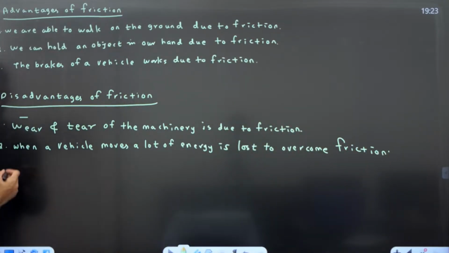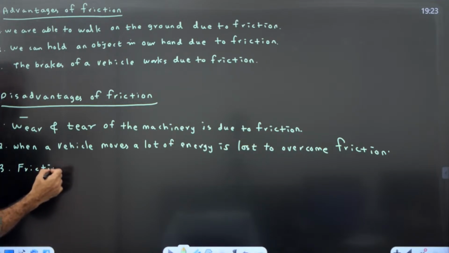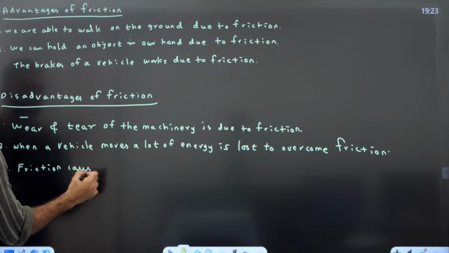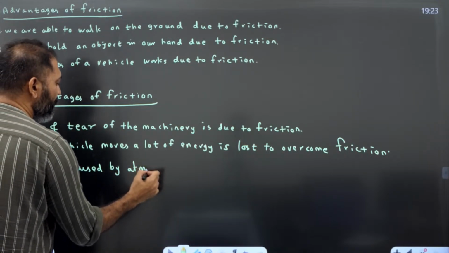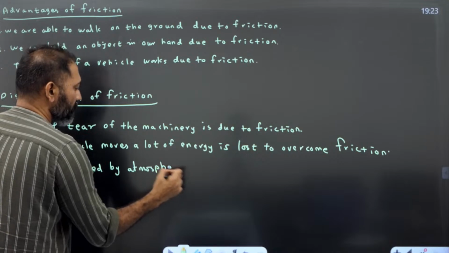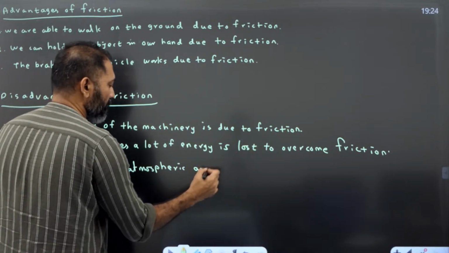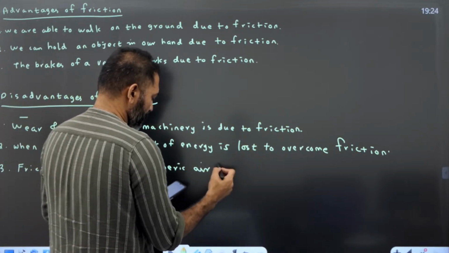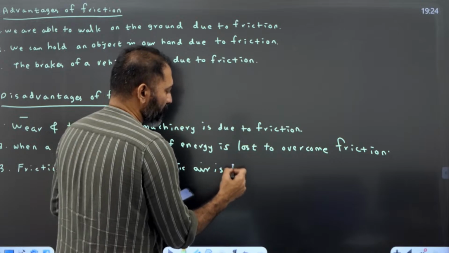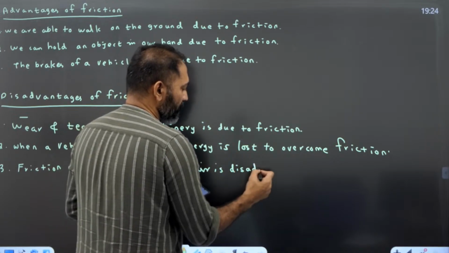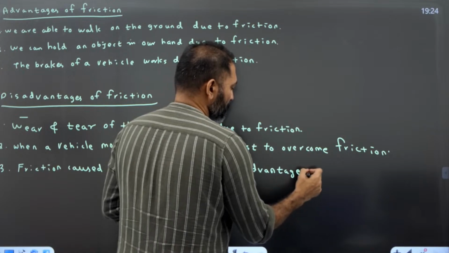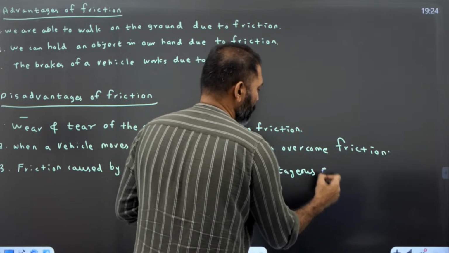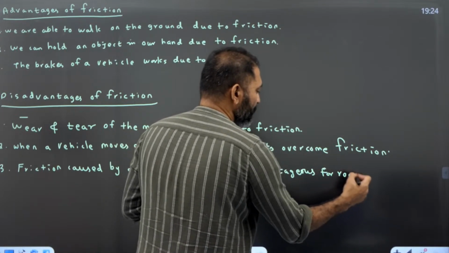Then, friction caused by atmospheric air is a disadvantage for rockets and satellites.